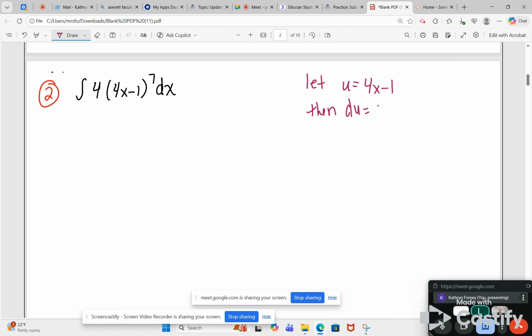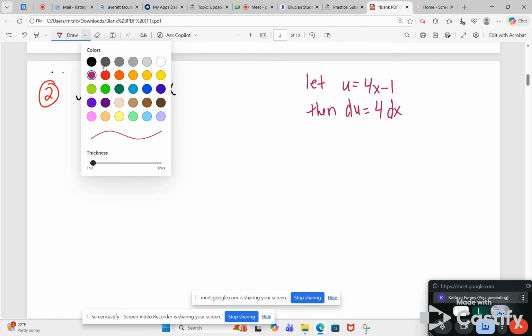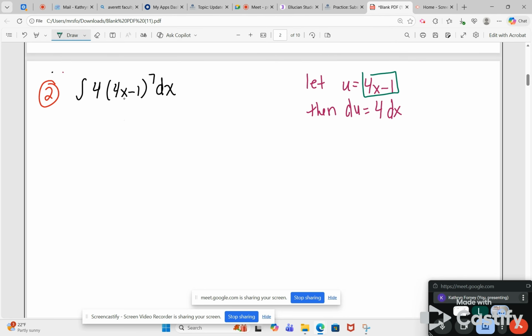Well, what's the derivative of 4x? 4, right. So 4 dx. So looking here, my u is this. So that is u to the 7th.